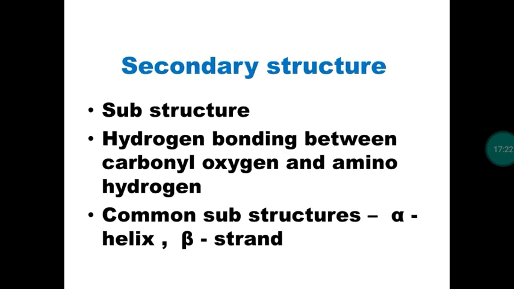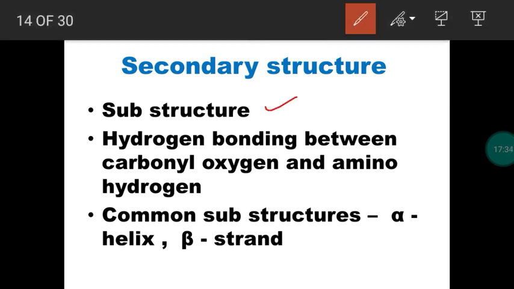Next, what is secondary structure? Folding of the primary structure will give you the secondary structure. The secondary structure is called a substructure. Between the amino acids we will have hydrogen bonding when a polypeptide chain is folding.